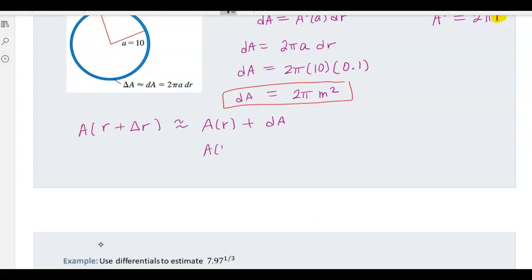So A of 10 is pi times 10 squared. And the estimate for the change in area we think is going to be 2 pi. So our approximate answer for the new area is 102 pi meters squared.